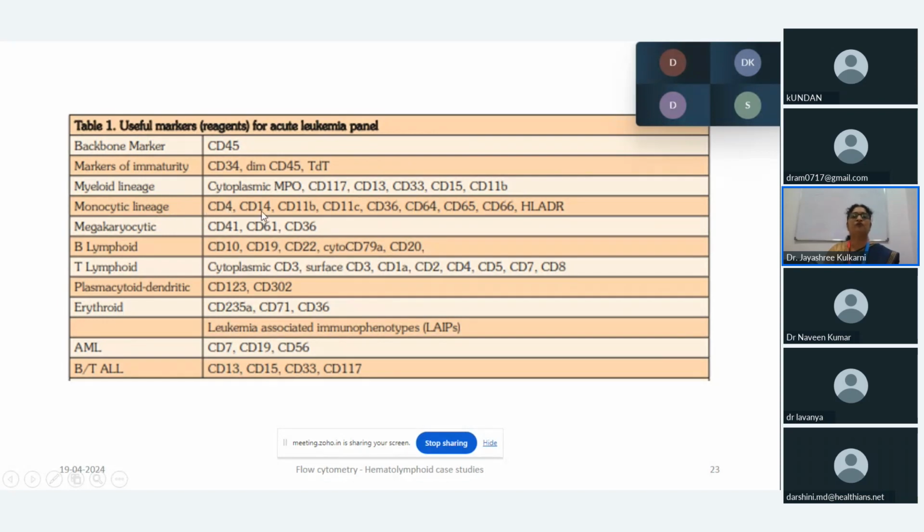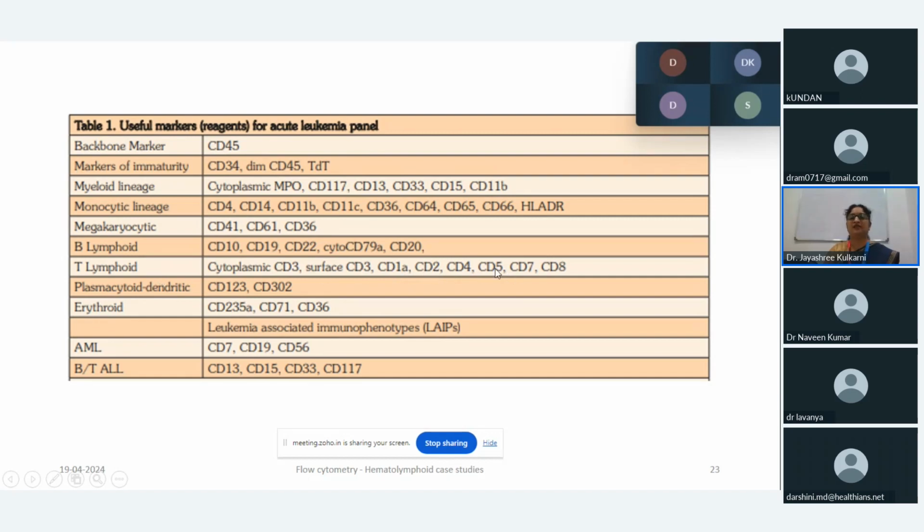Monocytic, I told you CD4, CD14, CD64 are your good monocytic markers, and bright HLA-DR. Megakaryocytic: CD41, CD61, CD36 also. B lymphoid: your CD10, 19, 22, 79a, CD20. T lymphoid: your cytoplasmic CD3, surface CD3, CD1A, CD2, CD4.